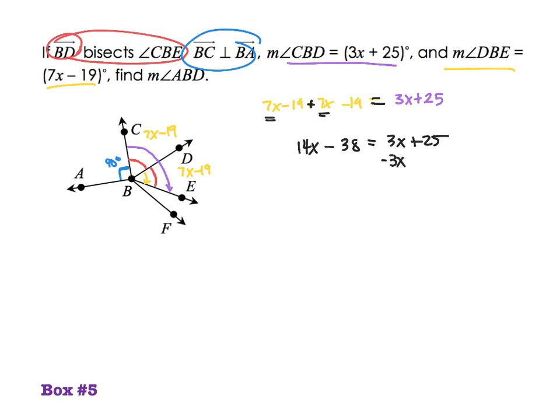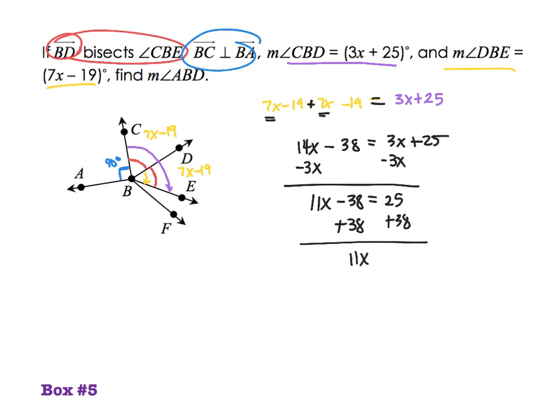Subtract 3x on both sides. And I get 11x minus 38 is equal to 25. Add 38 to both sides. And I get 11x is equal to 63, right?